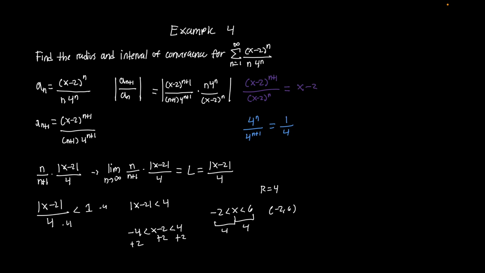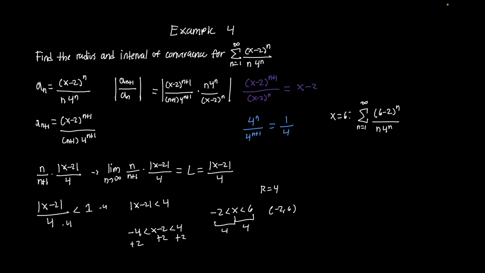Now we gotta check the endpoints. So let's plug in x equals 6. I just like to start with the highest number for some reason. If you want to start with negative 2, you can. You can go ahead and try to do it without me. So let's plug in a 6. So that'll be 6 minus 2 to the power of n over n times 4 to the n.